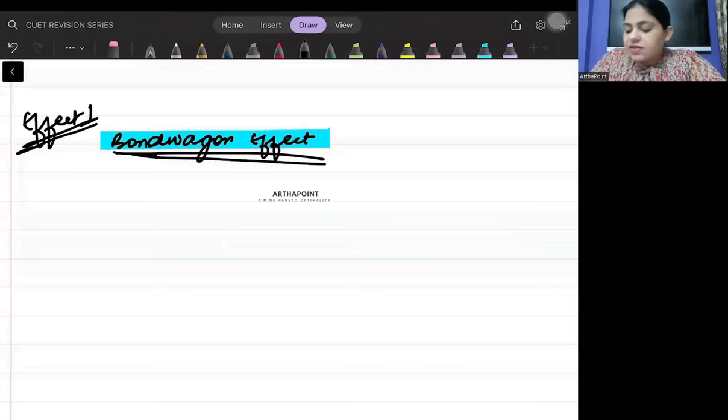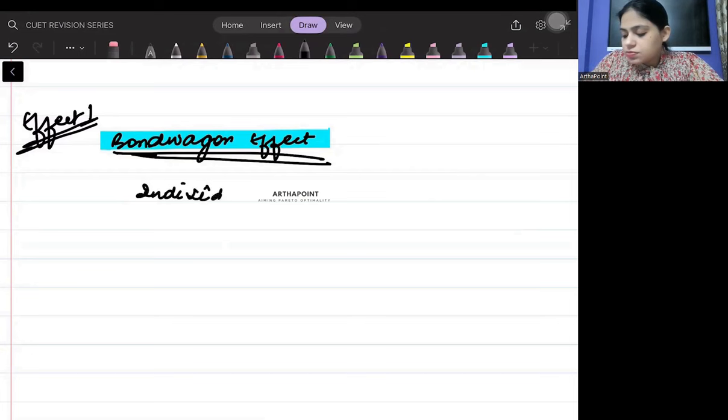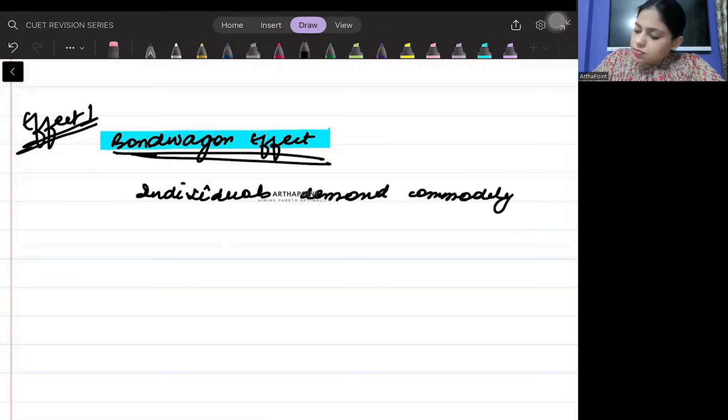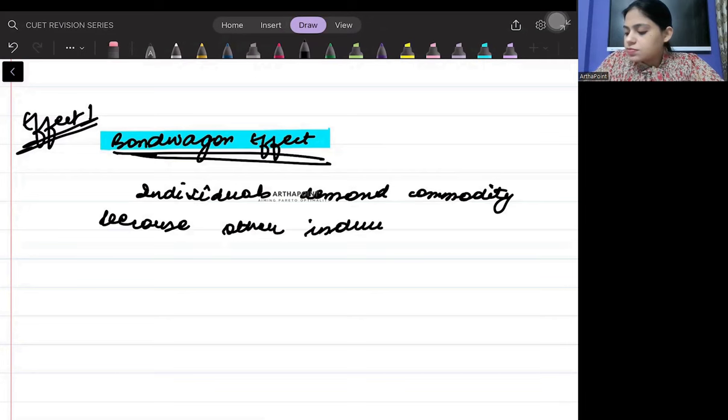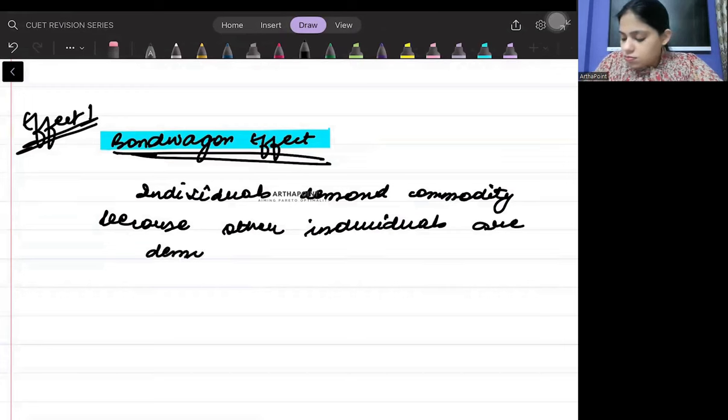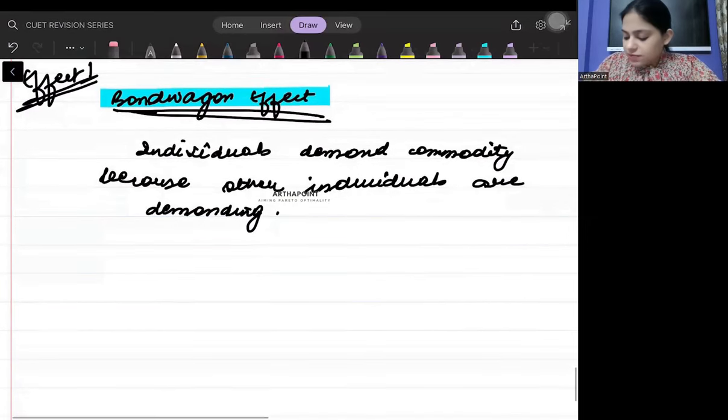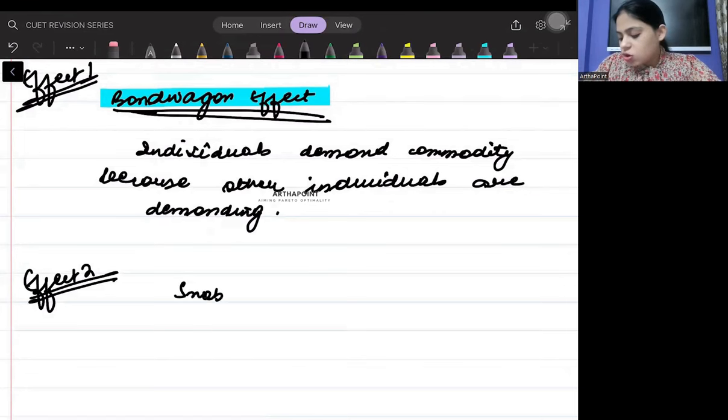That is called the bandwagon effect. Right, beta? And the next one, effect 2, is the snob effect.